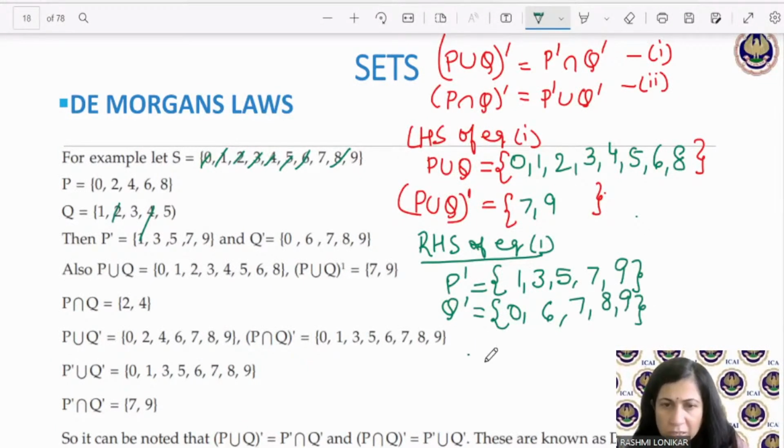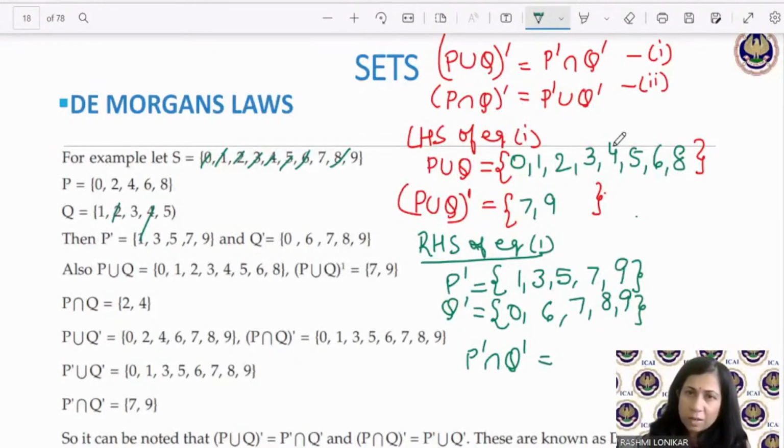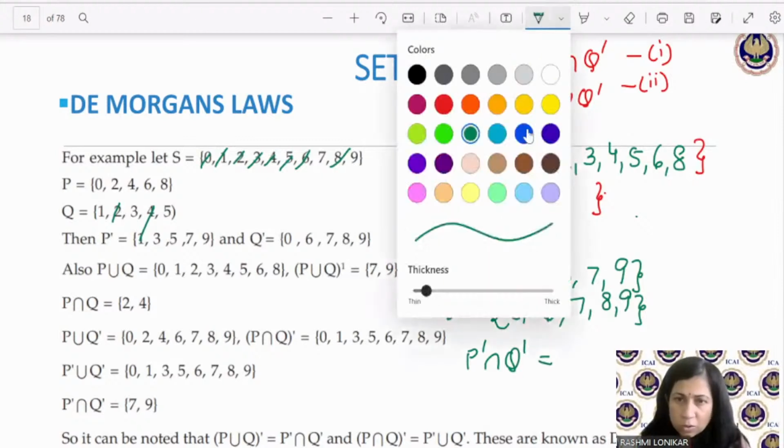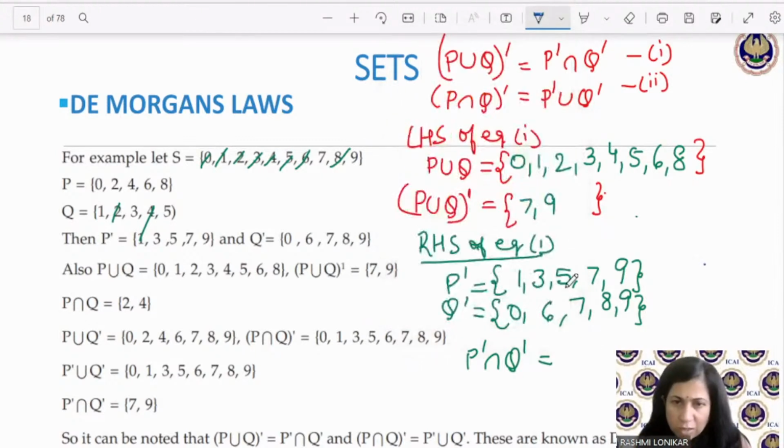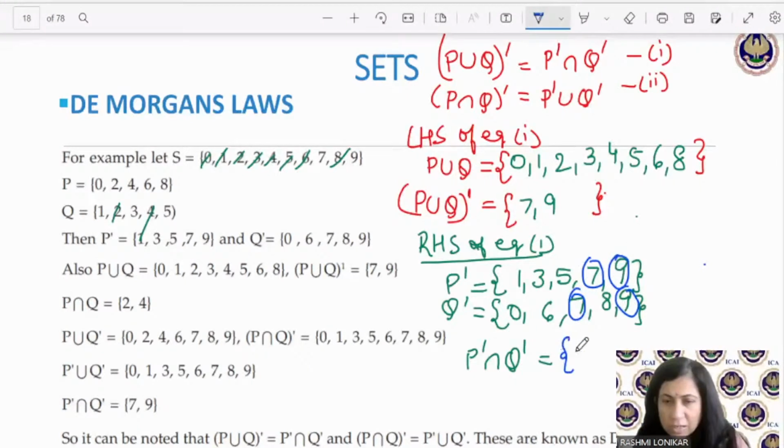Now what is P dash intersection Q dash? I have to write down only the elements which are present in both P dash and Q dash. So 7 is an element present in both, 9 is an element present in both. So P dash intersection Q dash will be 7, 9.